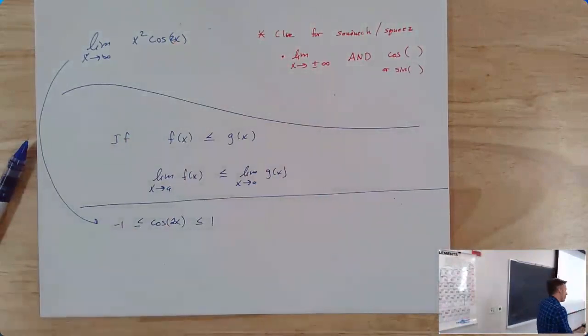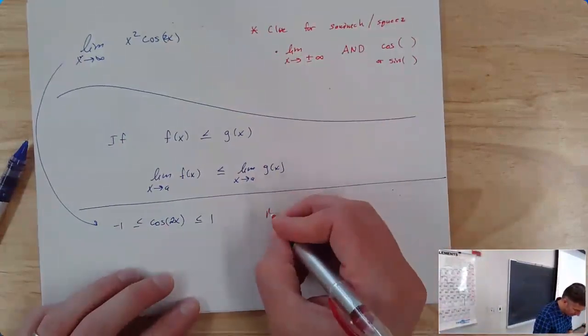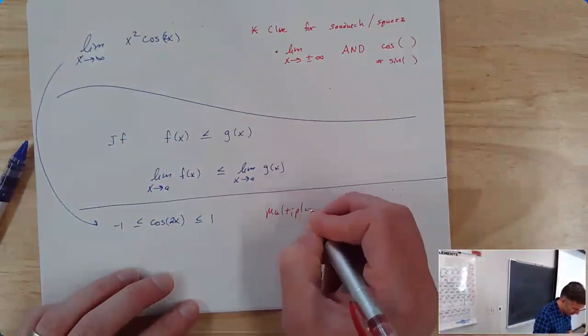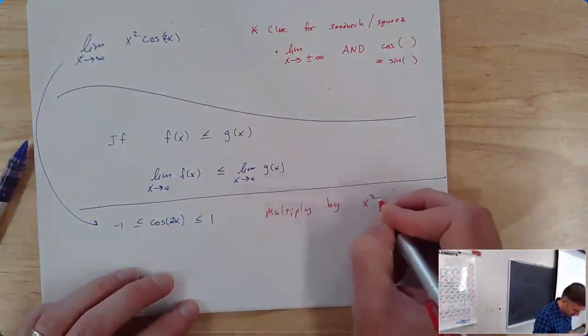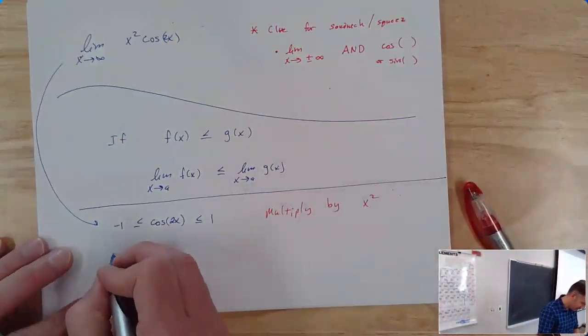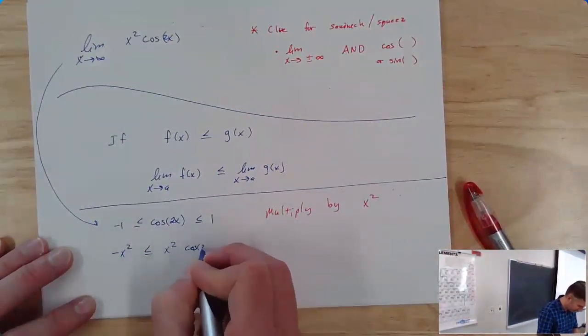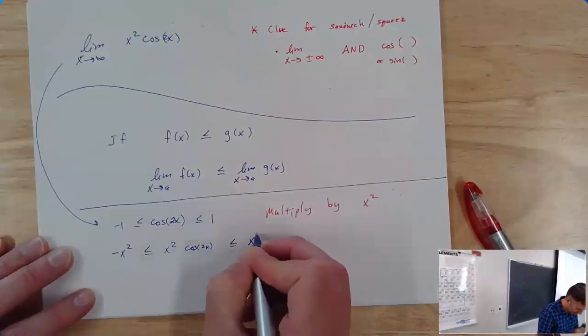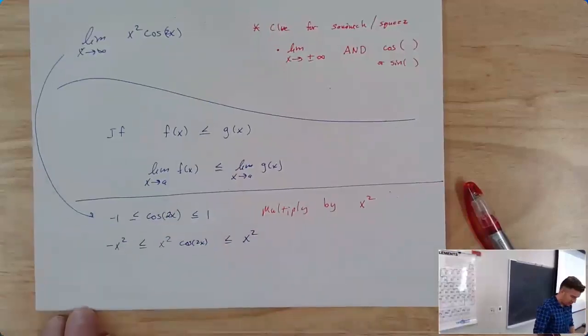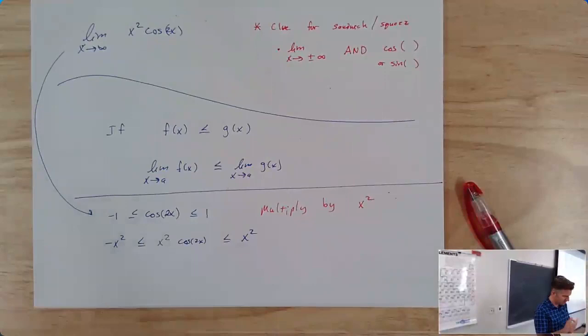But I can't just do it to the middle part. I have to do it to all the parts. So we multiply everything by x squared, or whatever you need to multiply by to get it to work. So now I have -1 times x squared less than or equal to x squared times cosine of 2x less than or equal to positive x squared.